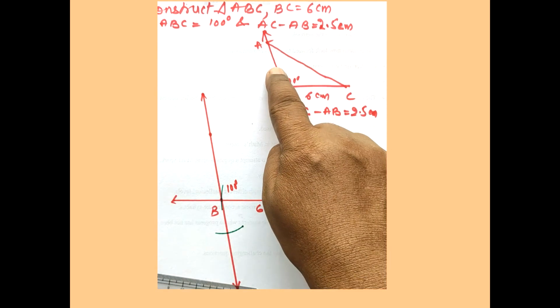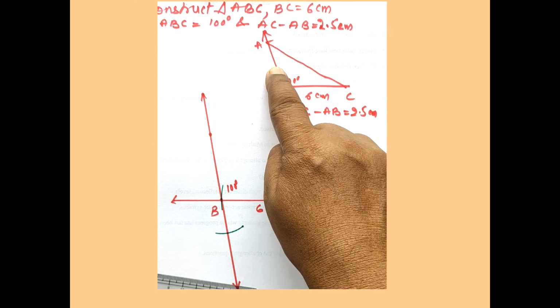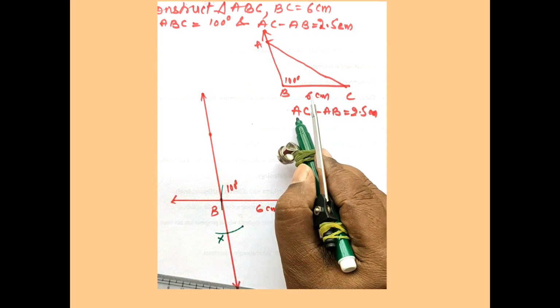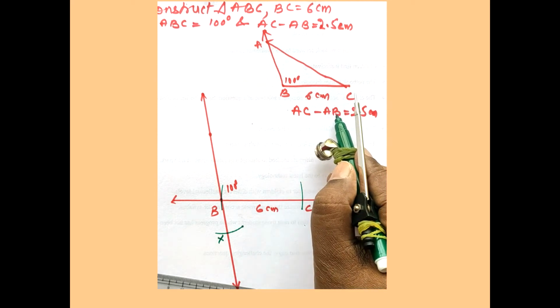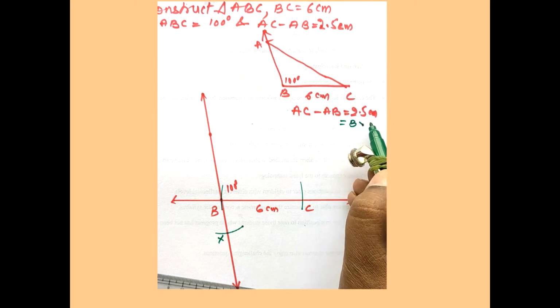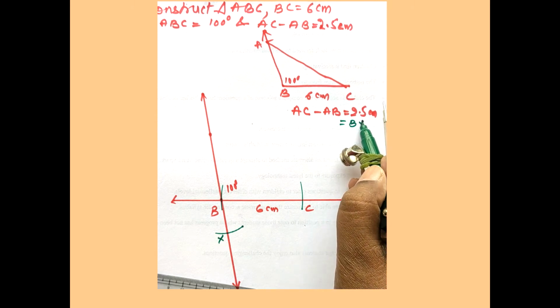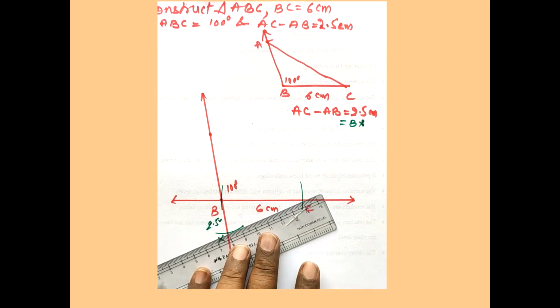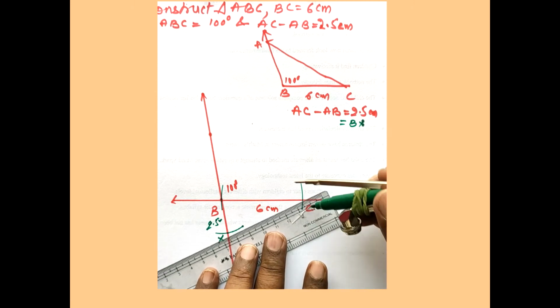When the adjacent side is greater than the opposite, the same arc is cut on the upper side. I will name this point X, and that is why we say that AC minus AB is equal to BX also. Got it? 2.5 centimeter. I will join X and C.